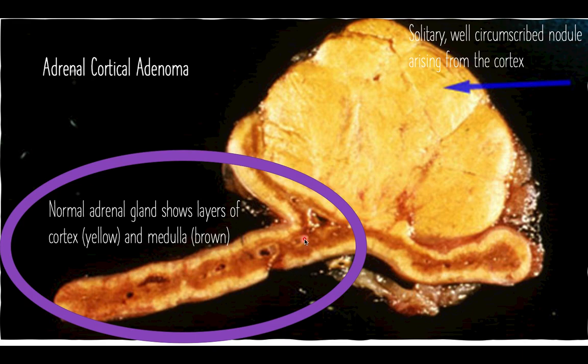As you can see here, there are very nice layers of cortex and medulla, the outer cortex and inner medulla, of the normal adrenal gland. And at one end, there is a solitary, well circumscribed nodule arising from the cortex. You can see this is a yellowish color, forming a yellowish nodule.